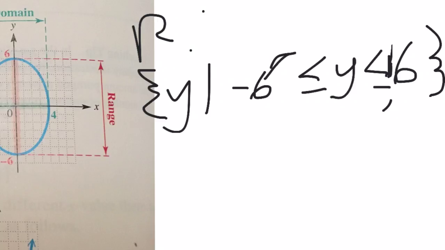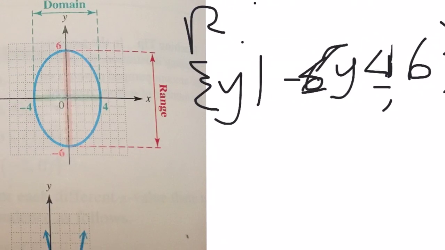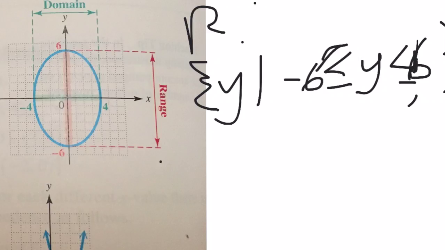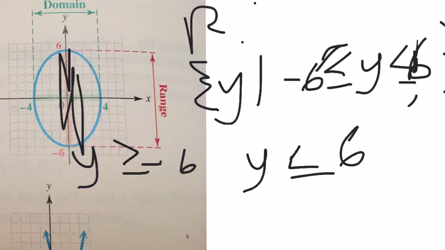And we get that because if you see here on the graph, the lowest value is -6. And we want all the y values that are greater than or equal to -6. Since it's still pointing towards the -6, that's where we get the -6 is less than or equal to y. And we want all the y values that are less than or equal to +6. That's where we get this part right here, the less than or equal to +6. That's how we can write it like that.